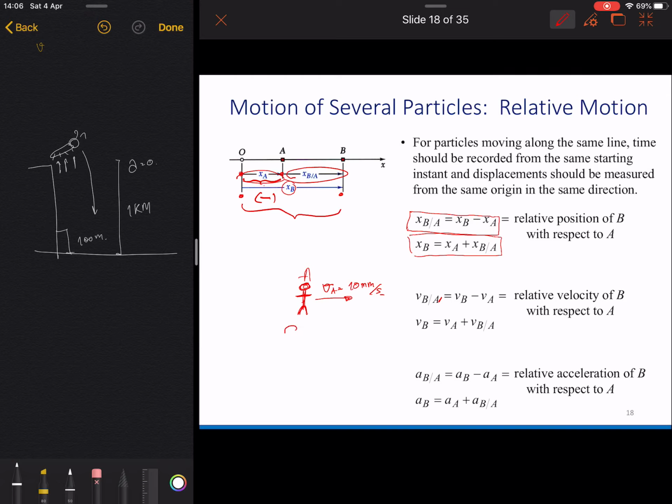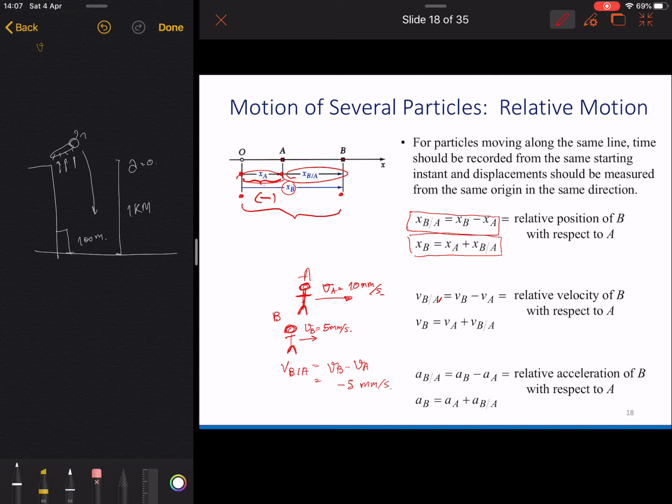And there is another guy called B, and he is running even slower, VB equal to 5 meters per second. So if I say VB with respect to A, this is equal to VB minus VA, and in the end you get negative 5 meters per second.